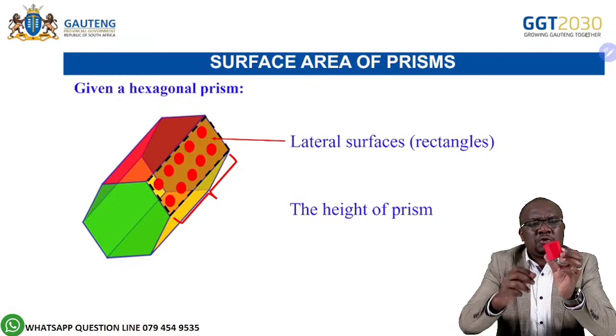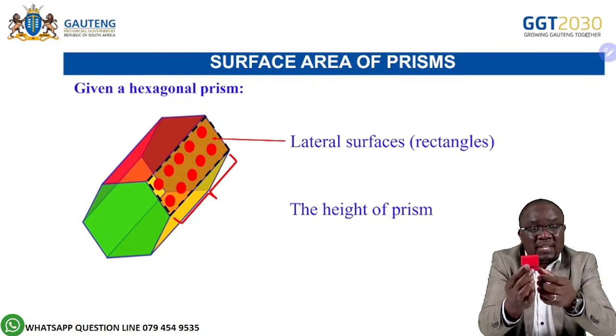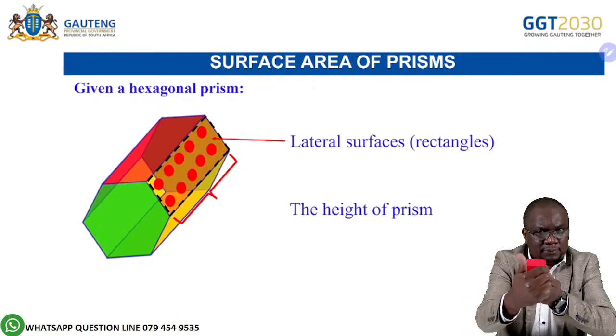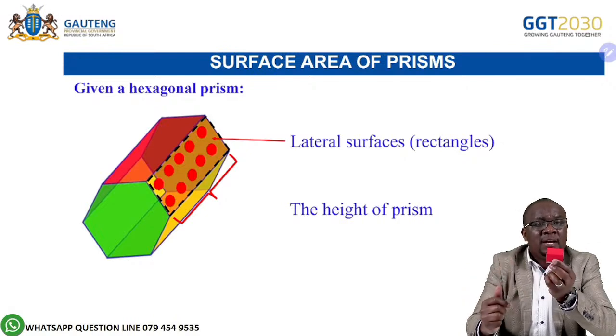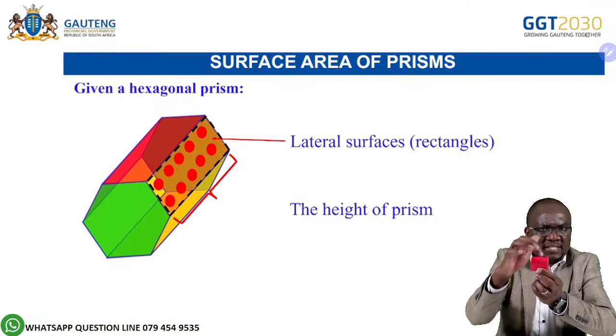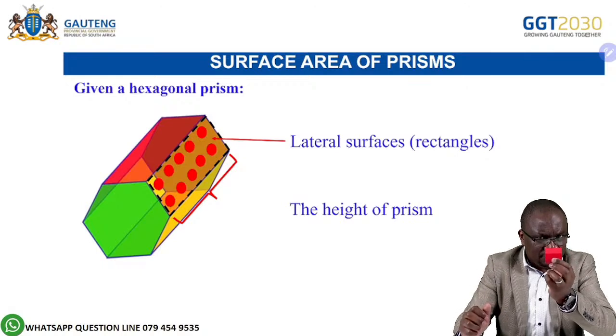Most of the time we talk about the height when the dimension goes up like this, but your prism can be put like this. Some books say length of the prism, but just know that the distance between these parallel bases, this gap, is the height, or the length, of the prism.